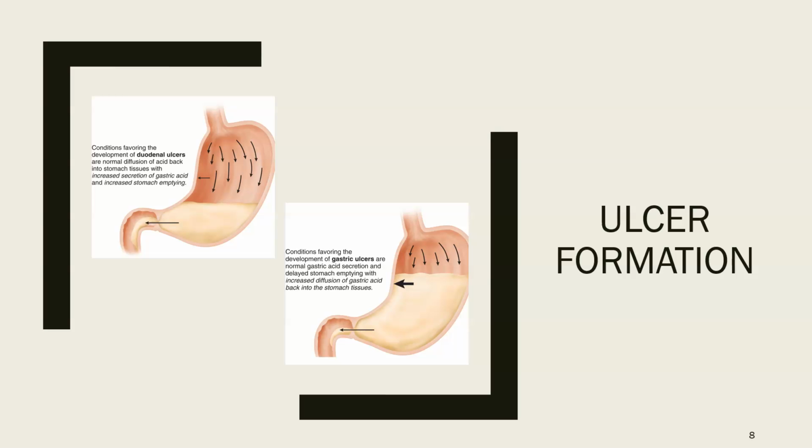The main feature of a duodenal ulcer is high gastric acid secretions. Although a wide variety of secretion levels are found, you will always see that they will have higher levels of gastric acid secretions.